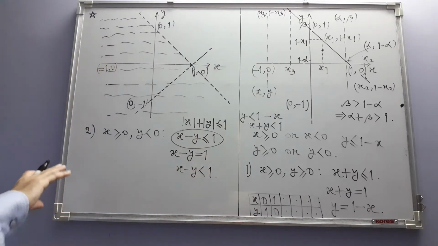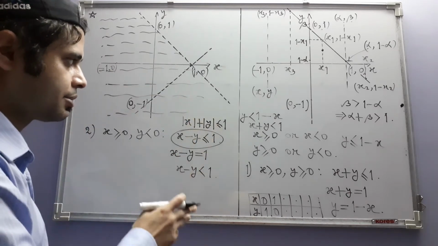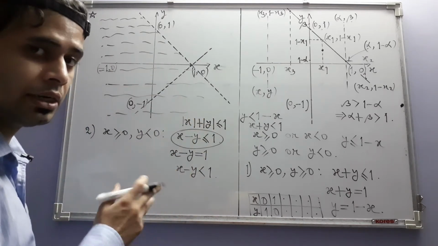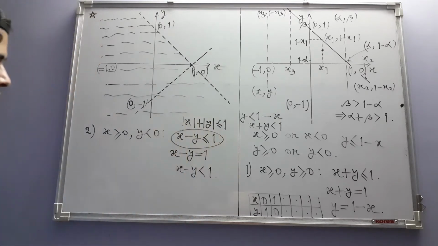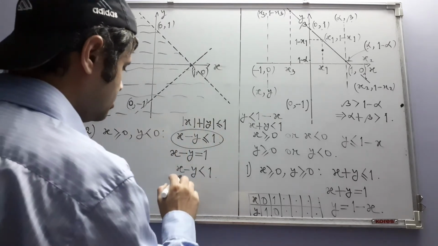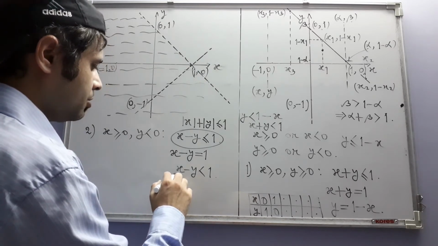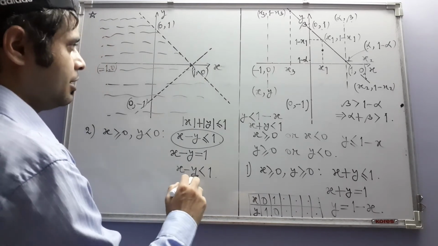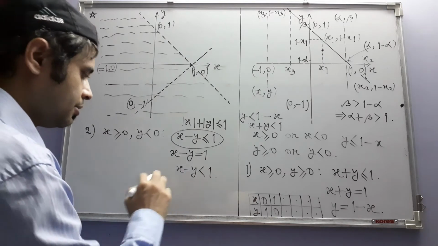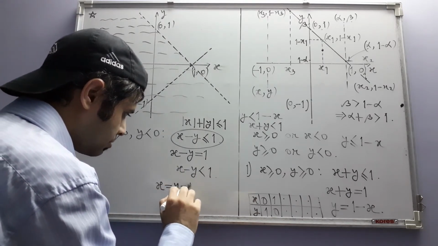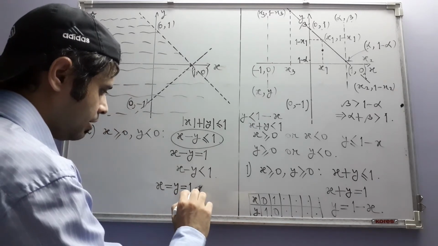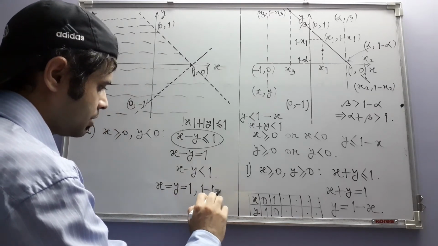The side on which that point lies will determine the region for this inequality. So if I put x equal to 1 and y equal to 1, then I get 1 minus 1, which is 0.